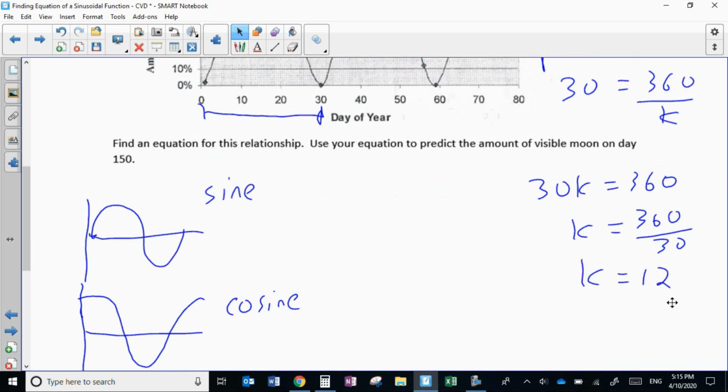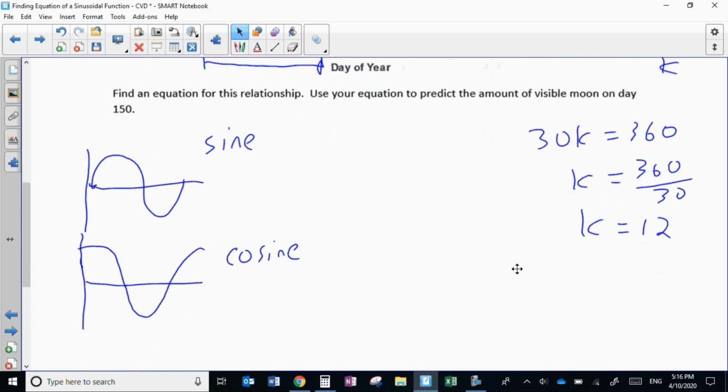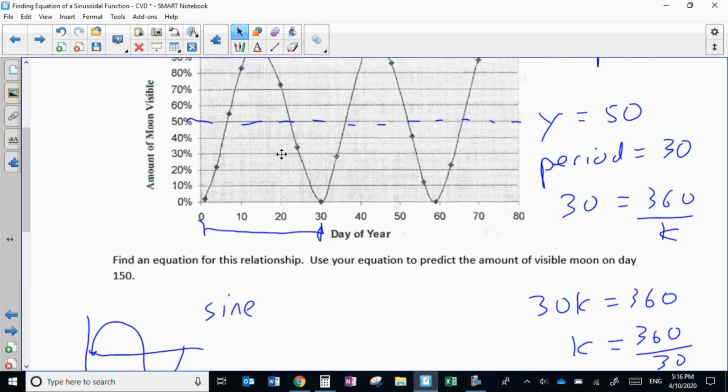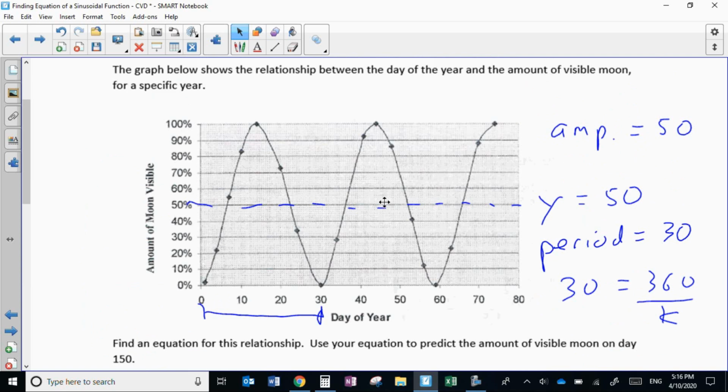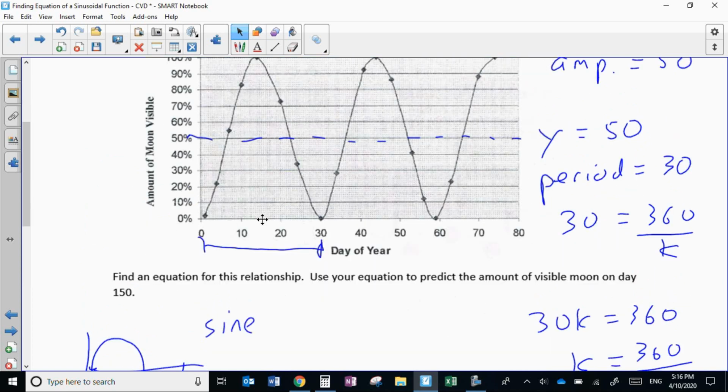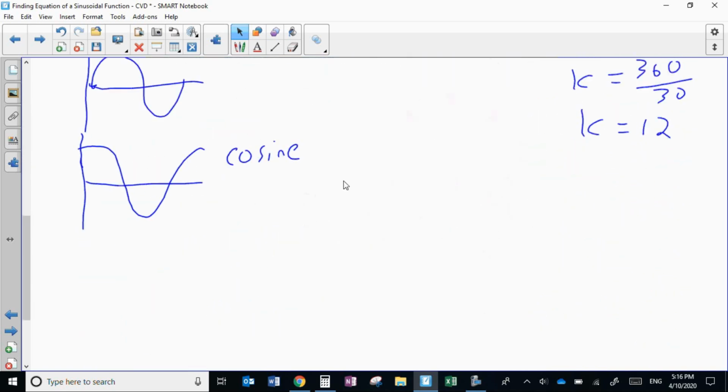Once we've got that, we're able to finally write out this equation. It's hard to think of good variables here. We're going to use A for amount of moon visible, and D for day of the year.